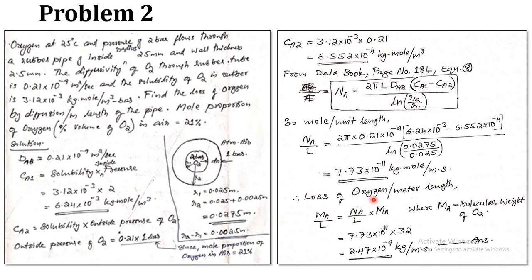So the loss of oxygen in kilogram per second is this molar diffusion multiplied with the molecular weight of oxygen. So NA multiplied by MA gives you the loss of oxygen in kilogram per second. I repeat, 2.47 into 10 raised to minus 9 kilogram per second.